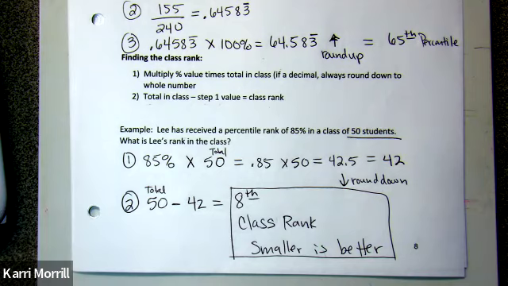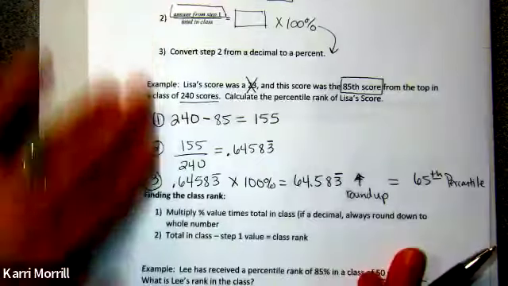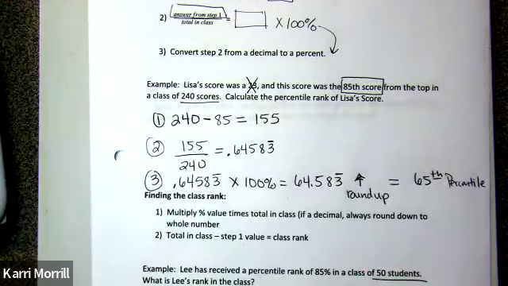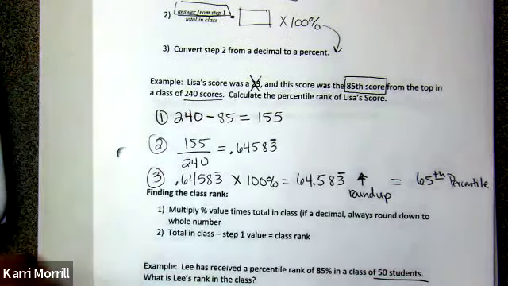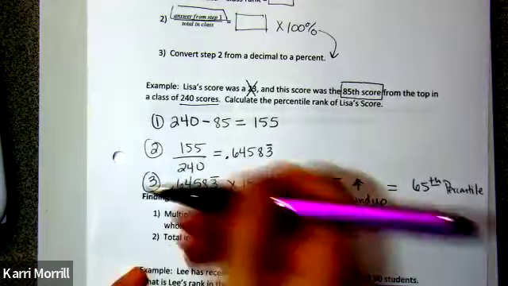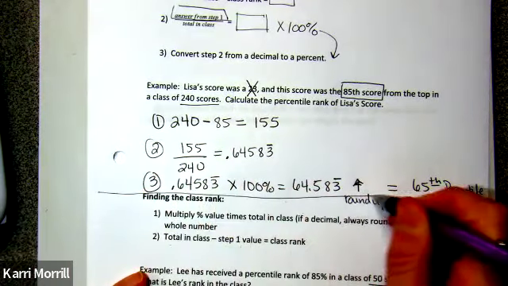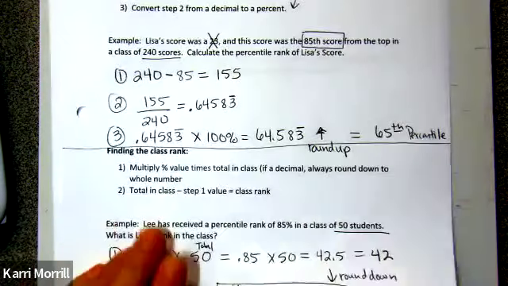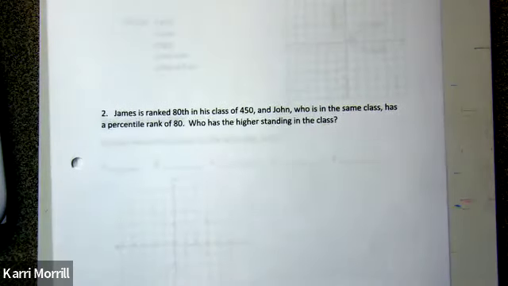So when we talk about class ranks, smaller is better. Percentile ranks, bigger is better, and that's because we're thinking of it as a percent. We really want to get close to that 100%. So this helps you work through finding percentile ranks or class ranks, and that's the difference between the two concepts that you learn in this measure of position.